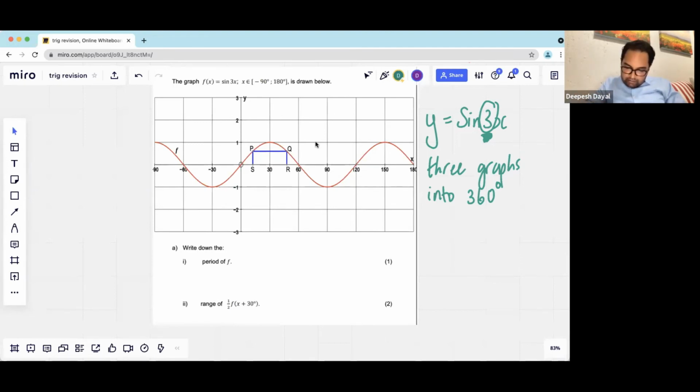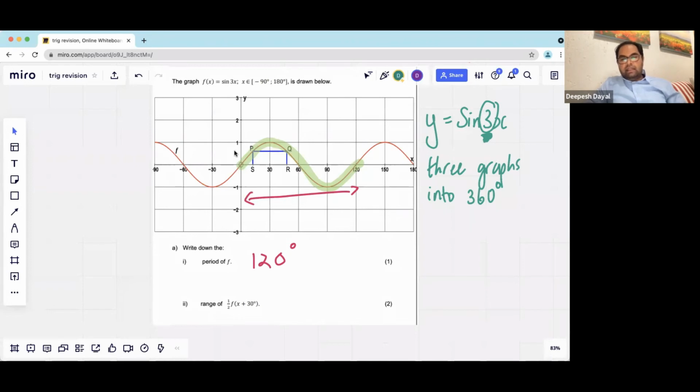See, that's one graph there. So what are the degrees for the one graph? Yes, thank you. Lots of you sharing now that it is indeed 120 degrees. See? So the period is 120 degrees, 360 divided by 3, or 120 degrees.